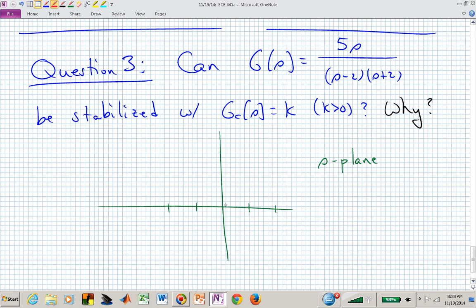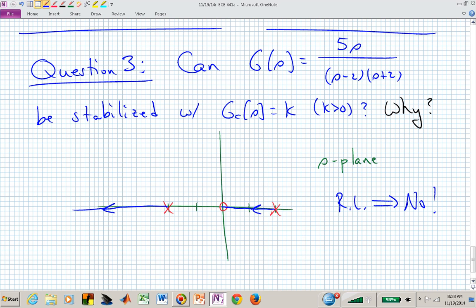We now have a zero there, a pole at +2, and a pole at -2. If we just sketch the root locus for this, this pole is approaching that zero from the right, and this pole is going off to the left. And that's all there is to that root locus, isn't there?